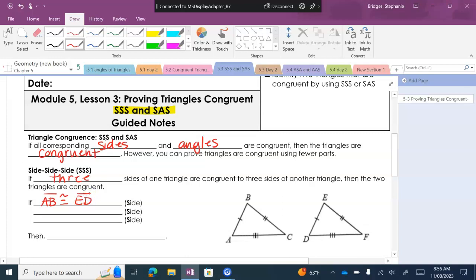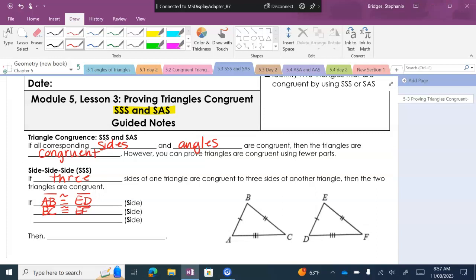So if segment AB is congruent to segment ED, that's one pair of sides. Then what side is marked with two congruents on the left? BC. And that's going to be congruent to which segment in the other triangle? Okay, so if BC and EF are congruent, that's another side.